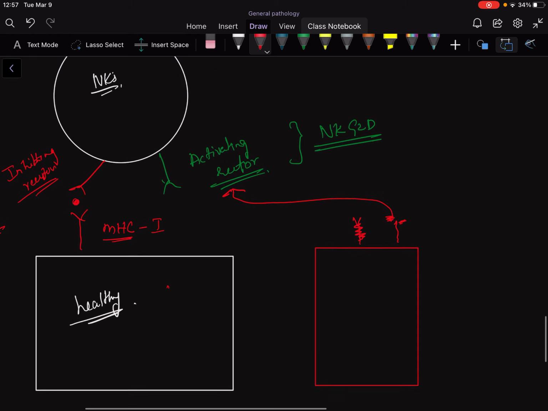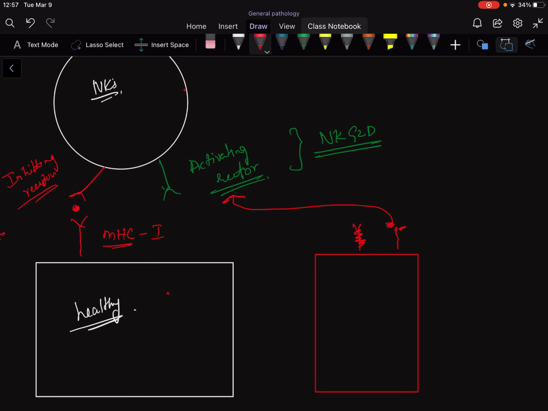Once the natural killer cells are activated, there is an increase in interleukin 2 and interleukin 15, which will cause proliferation of natural killer cells, and an increase in interleukin 12, which will increase gamma interferon, and gamma interferon will activate the macrophages. So that was about natural killer cells.